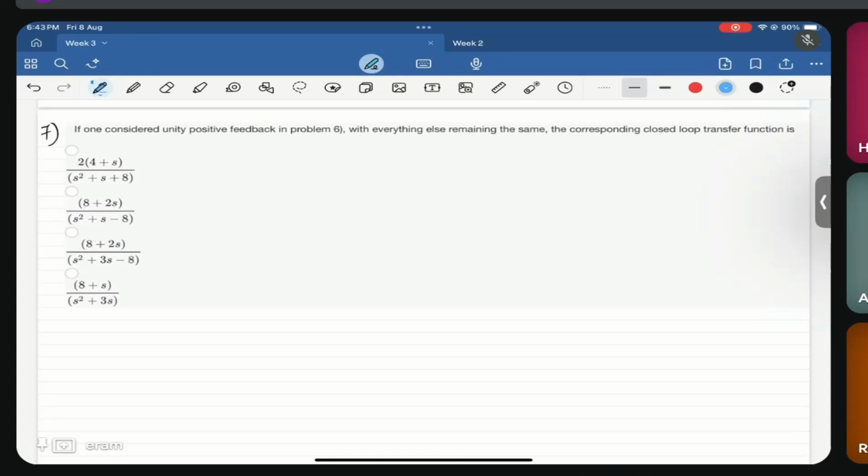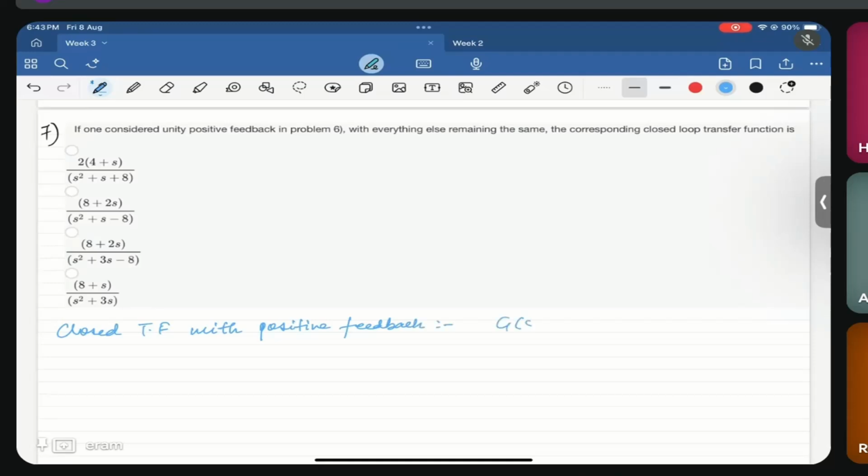Okay. Can any one of you tell me what the closed loop transfer function with positive feedback is?